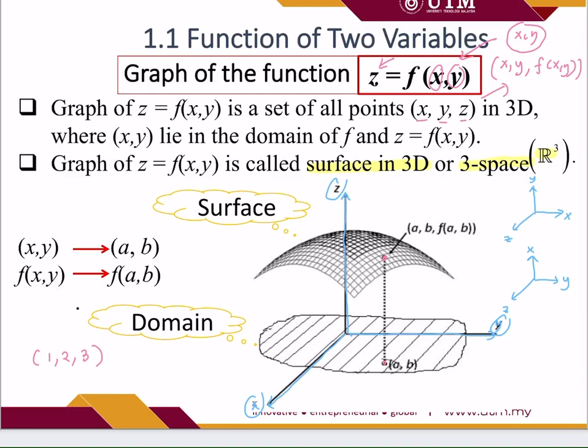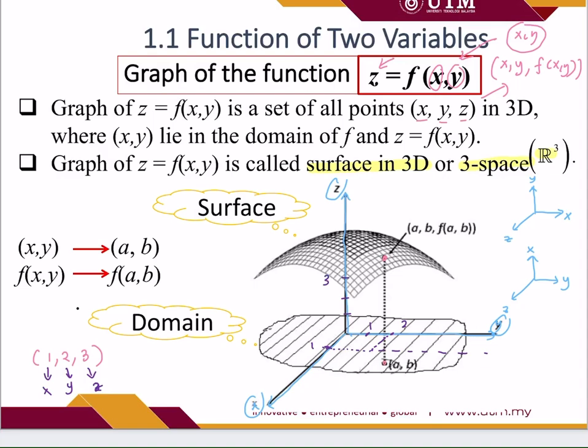Now how do we sketch the (1, 2, 3) here? Basically we know that this is 3D. This one refers to our x, so let's say here is 1. This is a line. Then this refers to the y, so we have the y axis, let's say 1, 2 here. Now we have z here, let's say 1, 2, and 3 here.